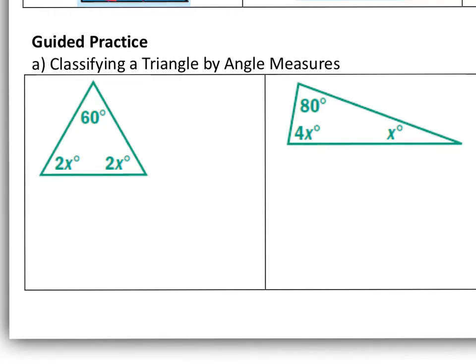Guided practice. Classifying a triangle by angle measures. Okay, so I know that the total measure of a triangle is 180 degrees.